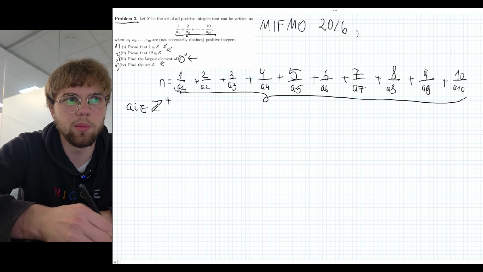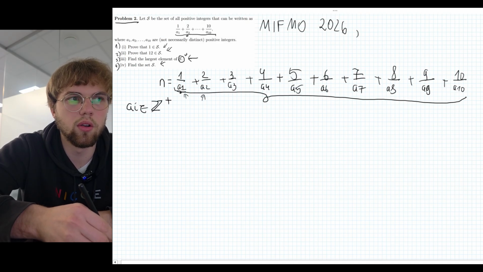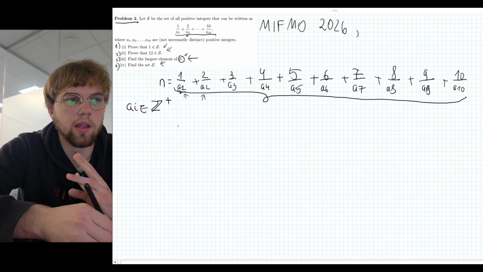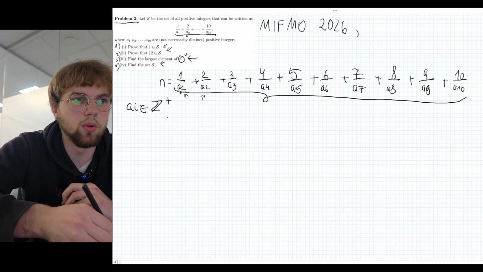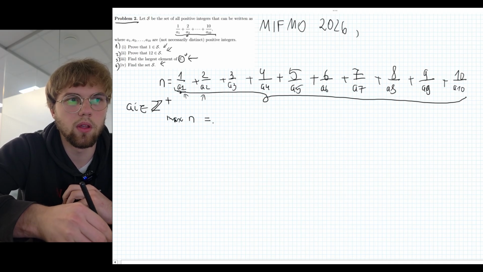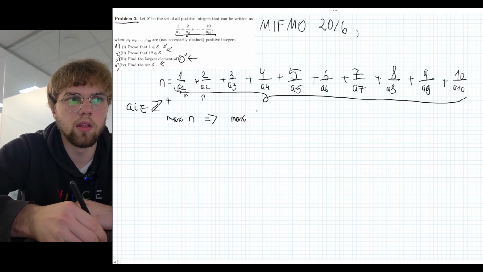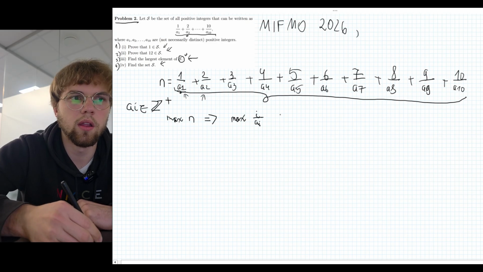Hence we want to maximize every fraction, because they're not dependent on each other. So like a guide, basically what we want to do is we want to maximize n, but hence we want to maximize every fraction, i over A_i.